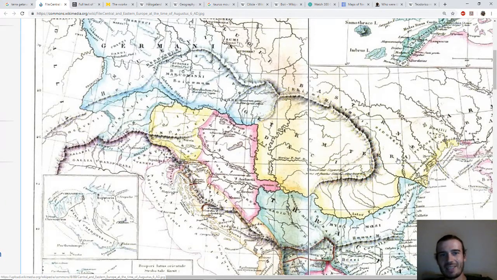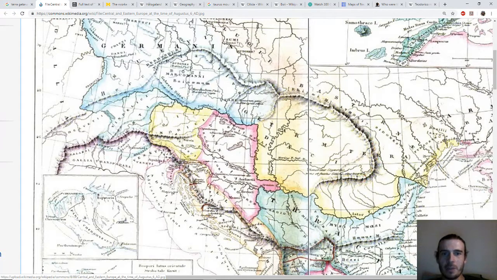But in reality, if you notice here, at the border with Thracia, there's the word Ister. Ister is the old denomination for the Danube, which is the river that flows from Germany all the way to the Black Sea. The Black Sea was known as the Pontus Euxinus in the past.